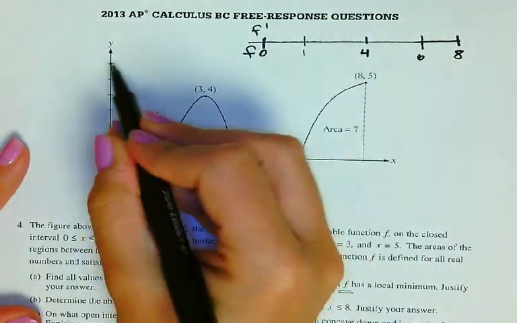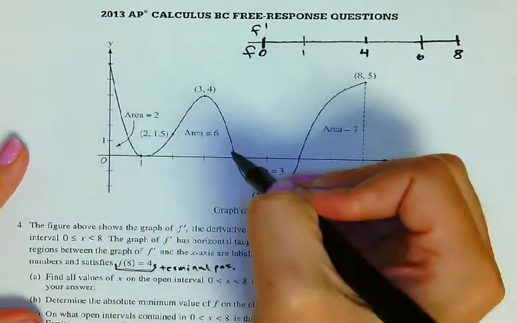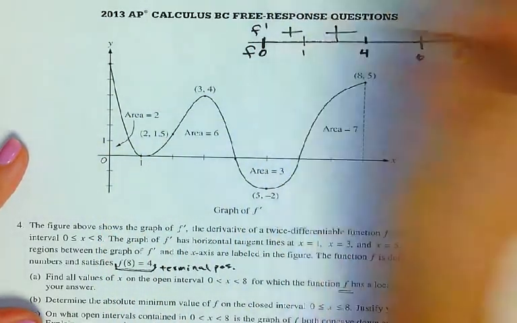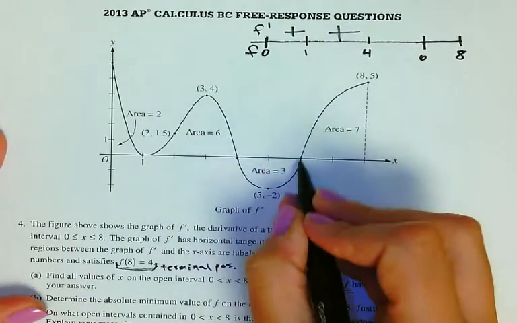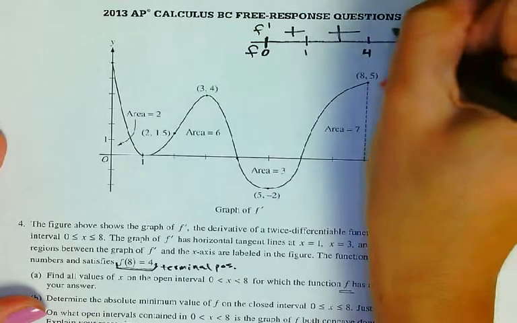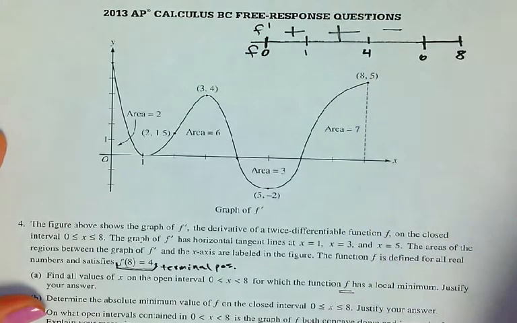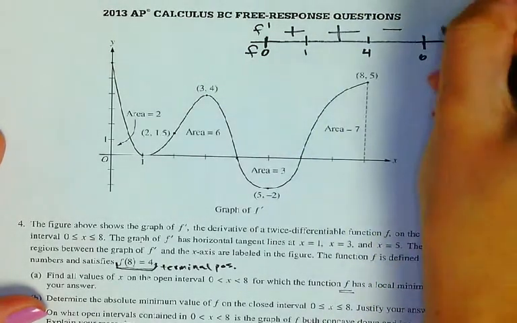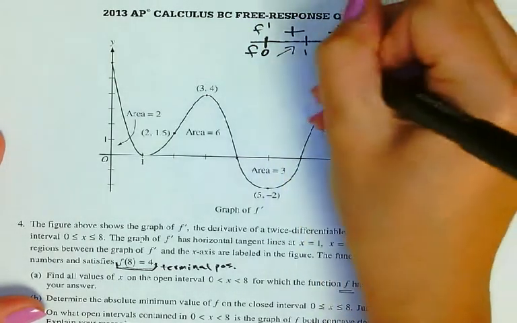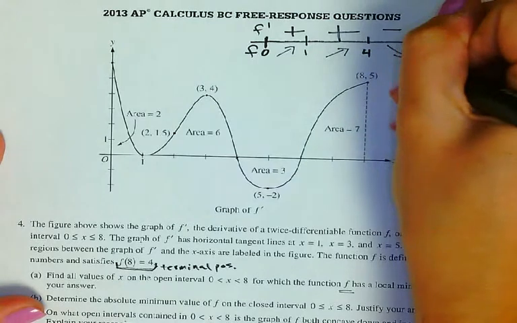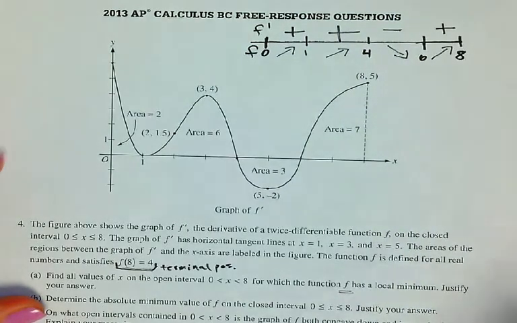So the positivity of the derivative, again, I'm above the x-axis, so it's positive, positive. And then once you get to x equals 4, it goes below the x-axis, so your derivative is negative, and then it's above the x-axis again. So that tells me the original graph was increasing, increasing, then decreasing, then increasing.